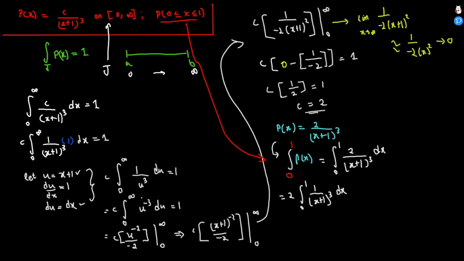And we did this already. We already did this integration over here, so let's just use that result, right? So what do we have? We have to evaluate this integral at this new boundary, right? So this is the same as 2 times 1 over minus 2 (x plus 1) squared evaluated between 0 and 1, okay?